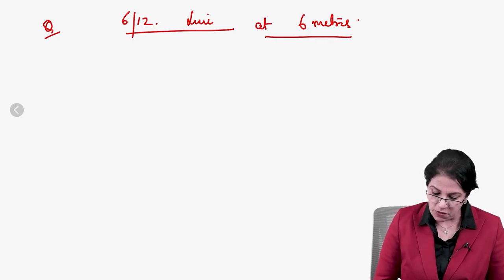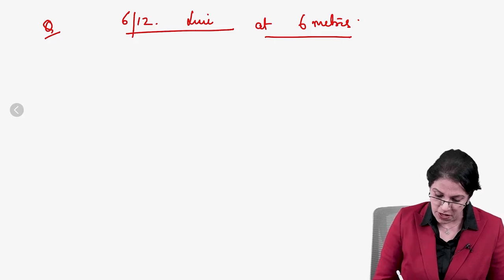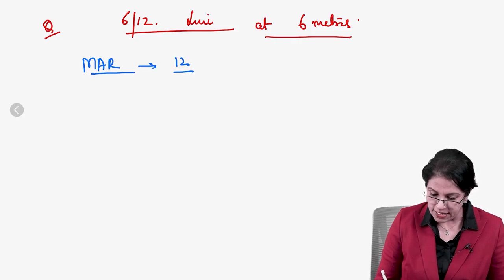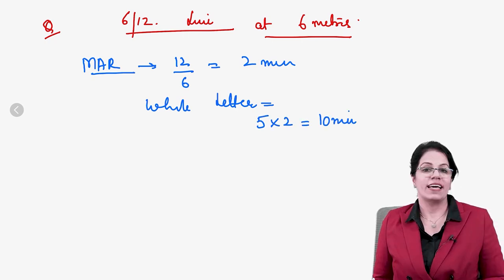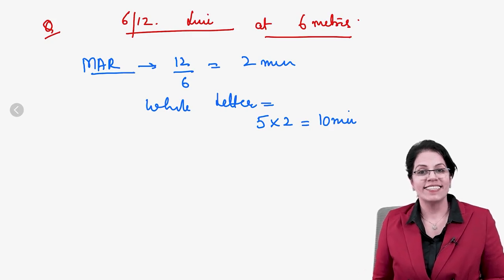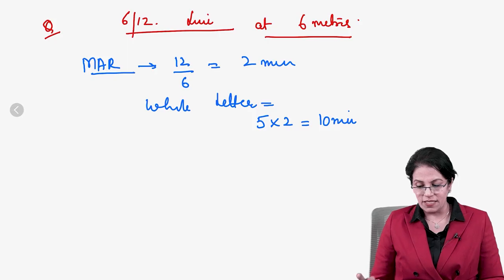Again, it's very simple to find the minimum angle of resolution. At 6 meters, we just reverse the fraction. It becomes 12/6, which is equal to 2 minutes. So, the whole letter is going to subtend an angle of 5 into 2, which is equal to 10 minutes. Is it now clear? Absolutely. Okay.